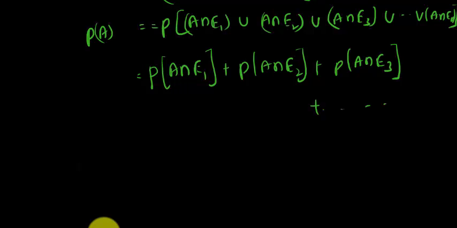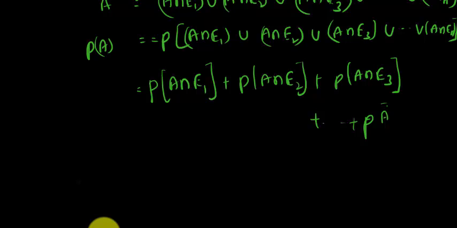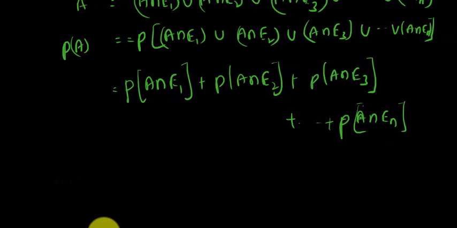Alright, so that gives me probability of A intersection En. Okay, perfect. But I also know the multiplication theorem on probability. What does it state? It simply states that probability of A intersection E1 can be written as, actually, any event, not only A intersection E1.